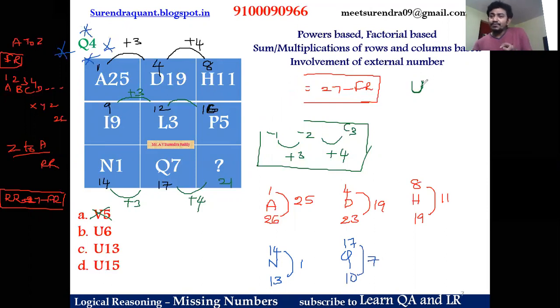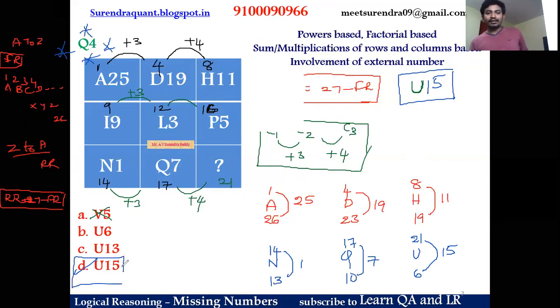Now we already observed the letter should be U, right? So U is forward rank 21, and reverse rank is what, friends? 27 minus 21, that is 6. 6 is the reverse rank. So if I take the difference of forward and reverse, the number is 15. So the missing number should be 15. The answer is U15, and that is option D.